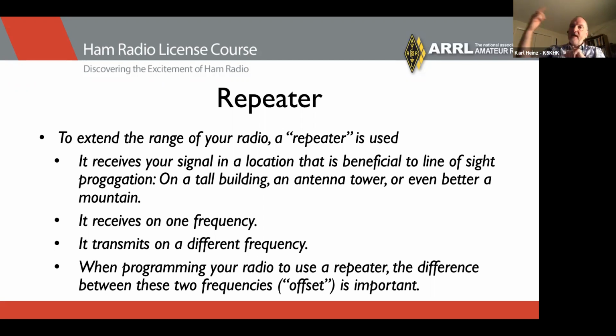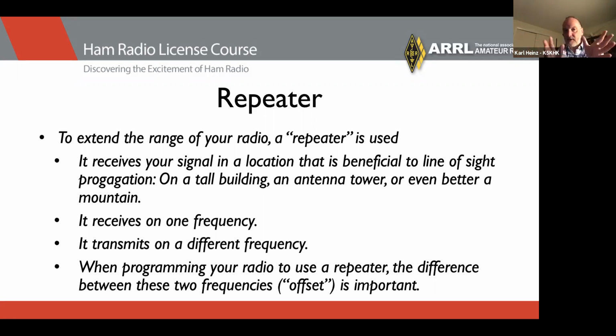And then it amplifies that and sends it out again, much stronger than your little radio could, so that other people with other little radios 50 miles away can then hear you talk. So a repeater allows us to extend the range of our radio. And it does that by receiving on one frequency and retransmitting that signal on a different frequency.